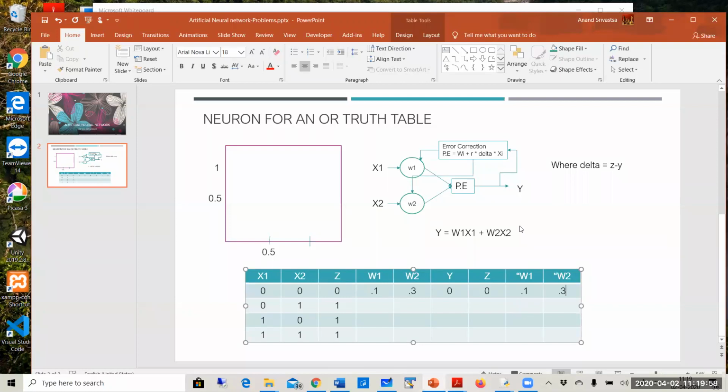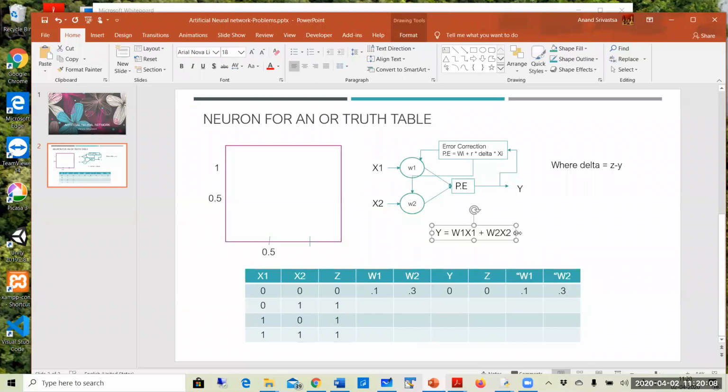The ones which I got through this weight. How would I tell it, what is the equation of this new w1? I'll just write it down here.